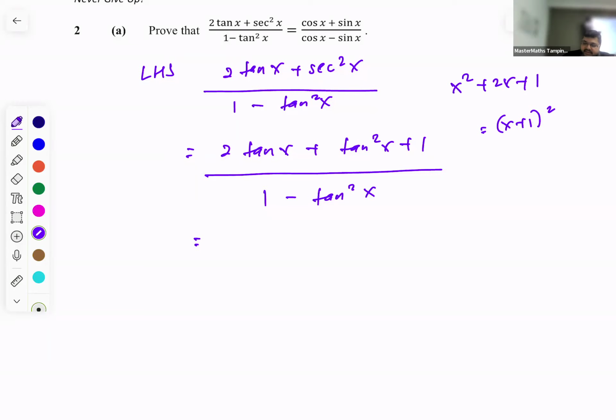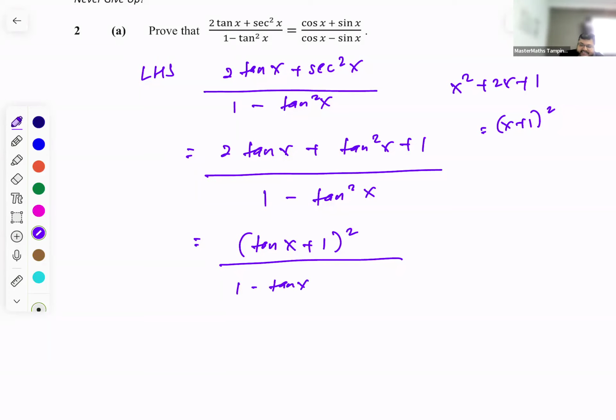Okay, let me tell you then. So this one will be what? It's basically tangent x plus 1 squared. Correct or not? Now the bottom is what? A plus b, a minus b. So it's 1 minus tangent x and 1 plus tangent x.